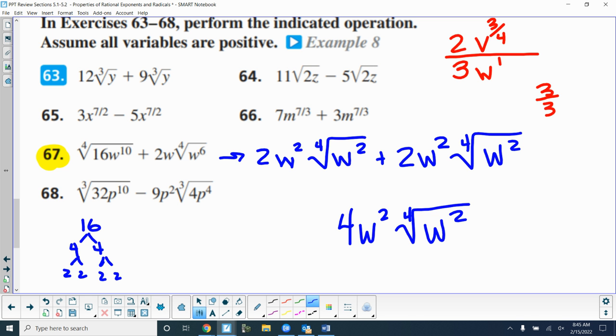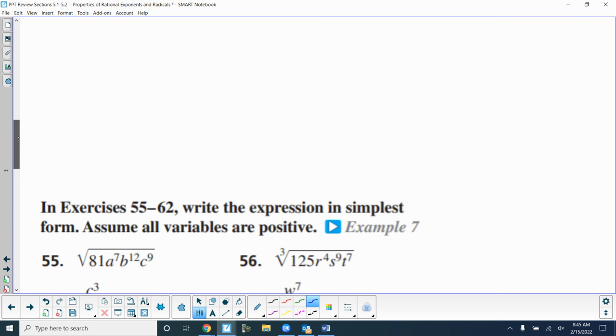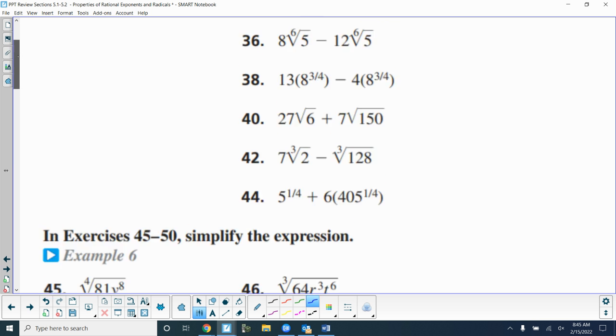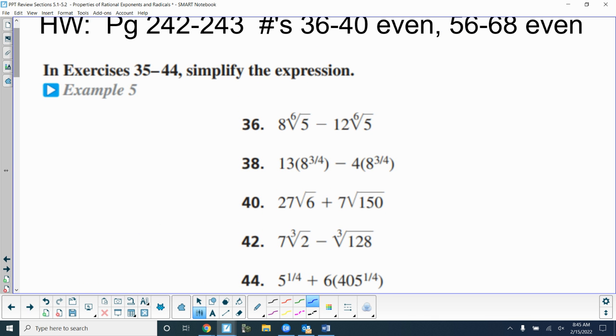Cool. All right, so let's go over answers to our homework, and any of those that you have a question on, we'll go over. All right, so if I go back up here to the top, we started at 36, right? This was page 242, 43.